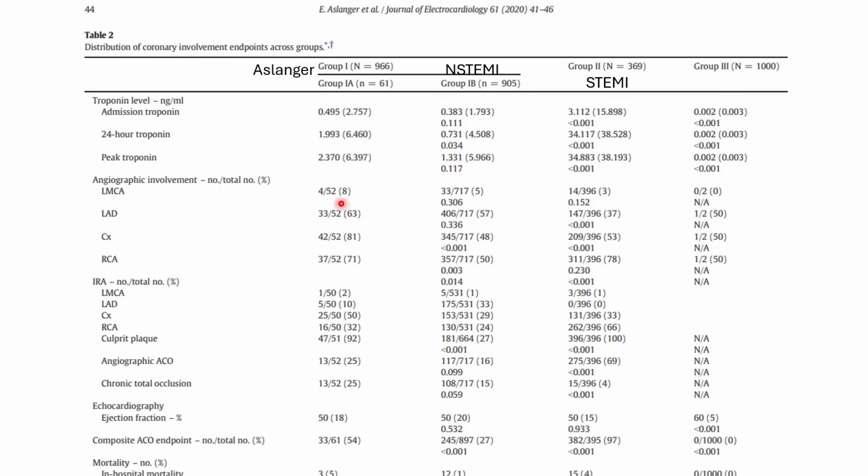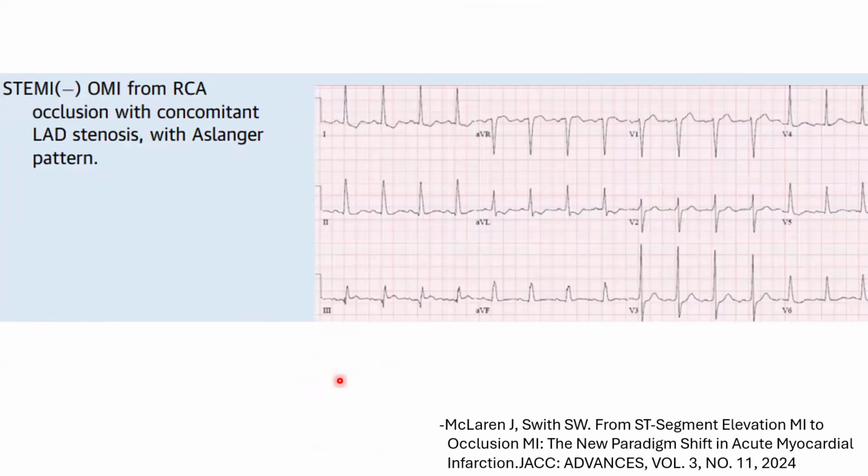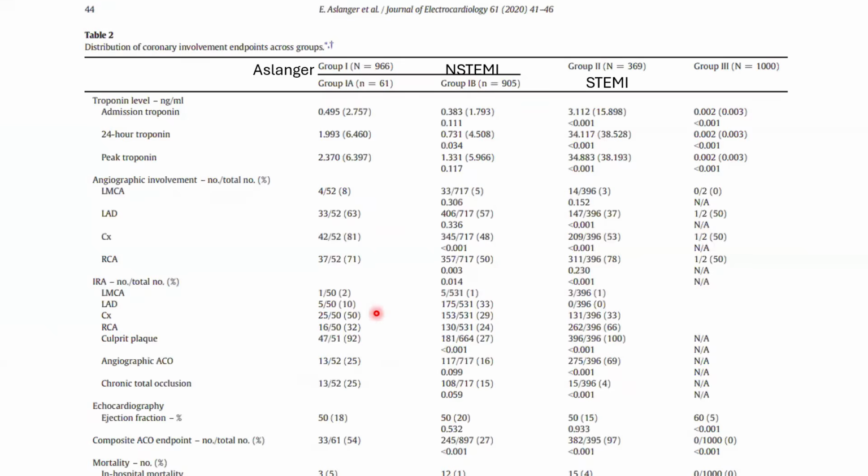And also, of the Aslanger patients, only 25% had an acute occlusion here, and 25% had a chronic total occlusion, which fits with my concern that many of those patients have just diffuse subendocardial ischemia and a CTO in one territory that makes ST a little elevated in that particular territory.